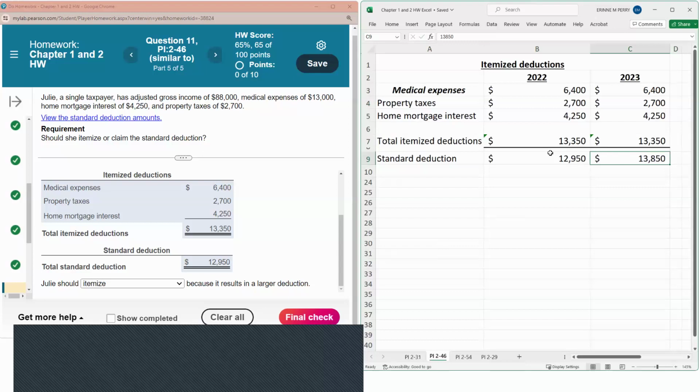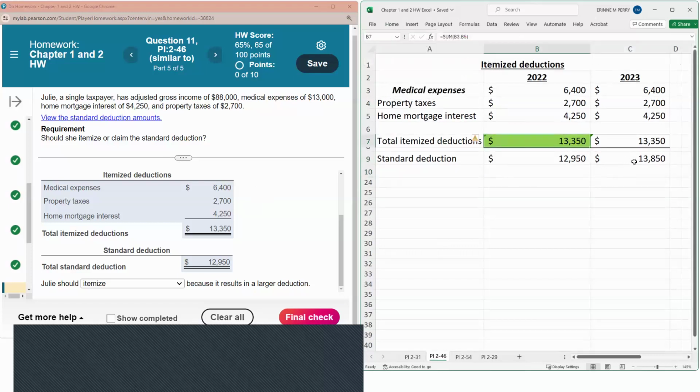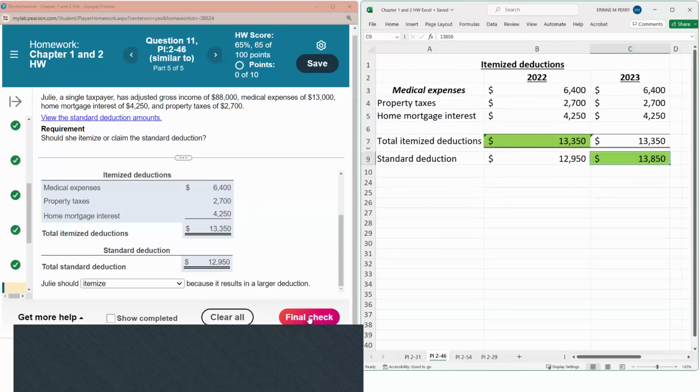So in 2022, itemized deductions worked better for Julie, but in 2023, the standard deduction would work better for Julie. When it comes to itemized and standard deduction, you can change it from year to year. Ultimately, it depends on whichever works better in your favor.